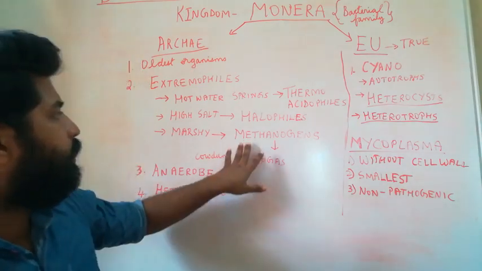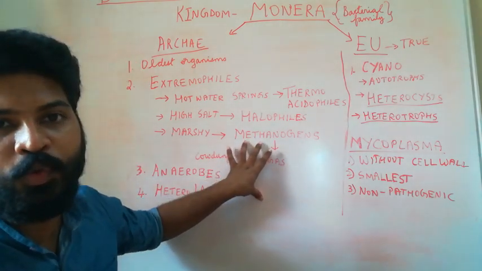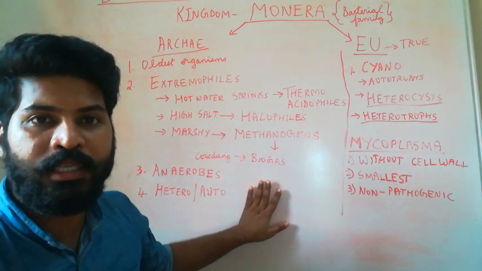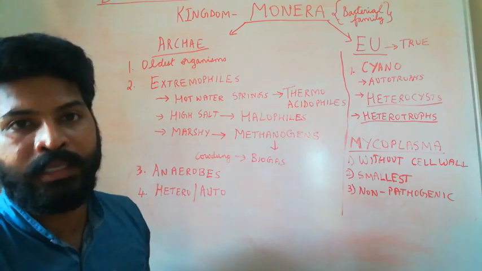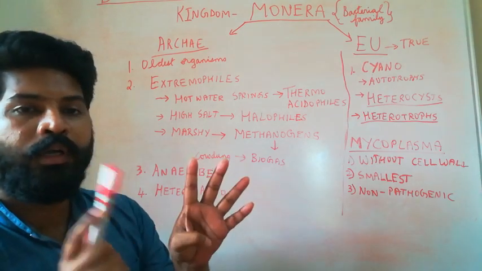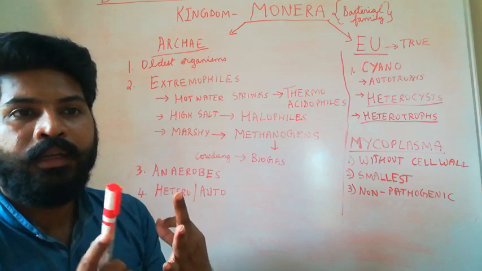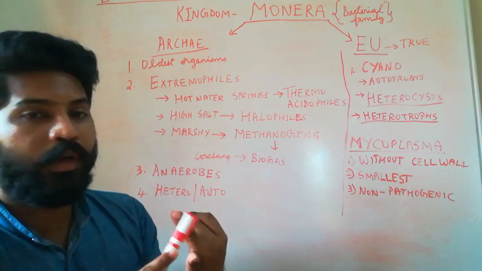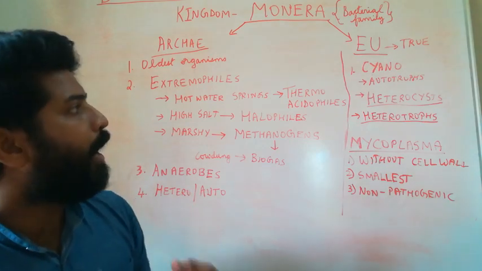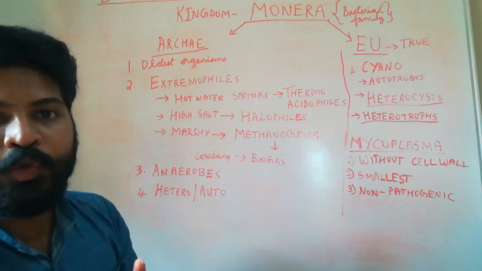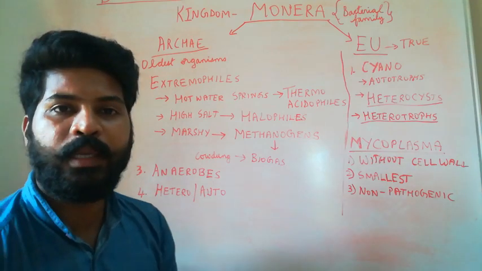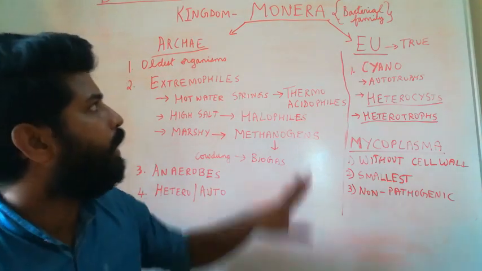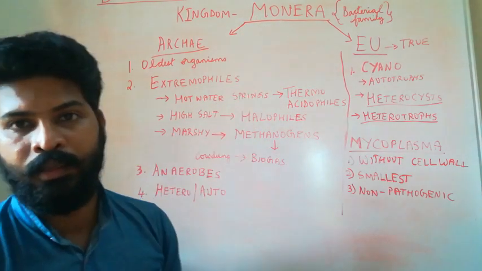As I said, methanogens are used to convert animal waste into biogas. In the field of food, medicine and industry and also for nutrient recycling, bacteria play very important, crucial roles. That is about the first kingdom, Kingdom Monera.